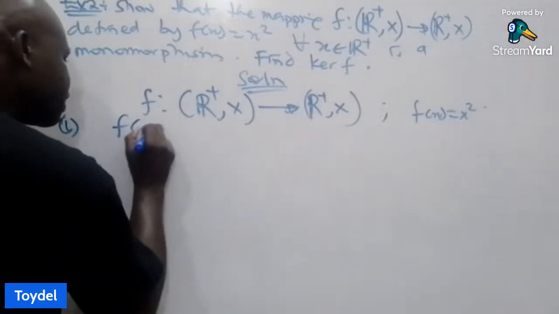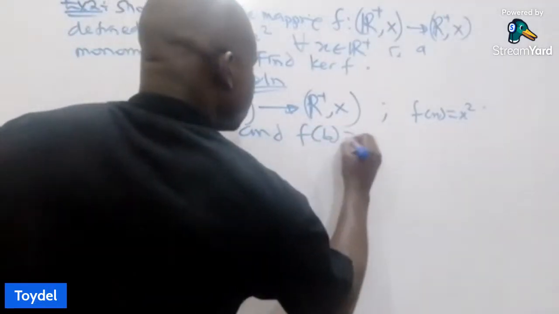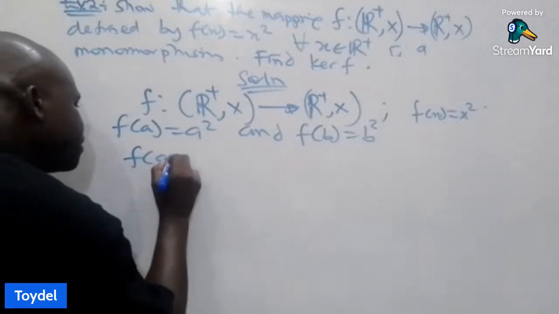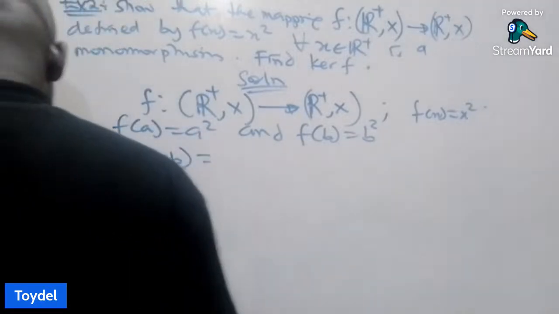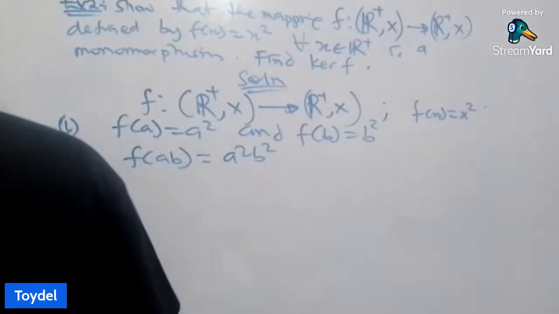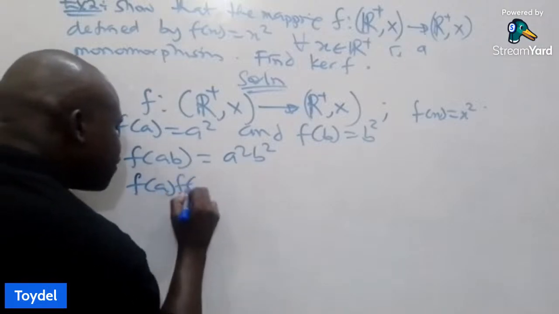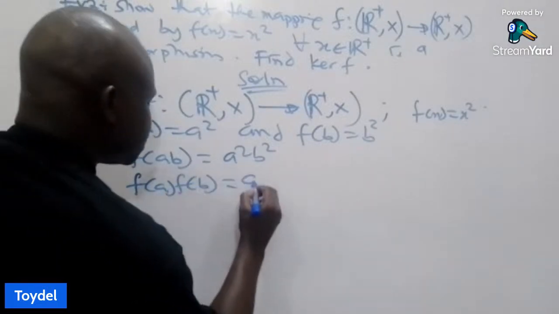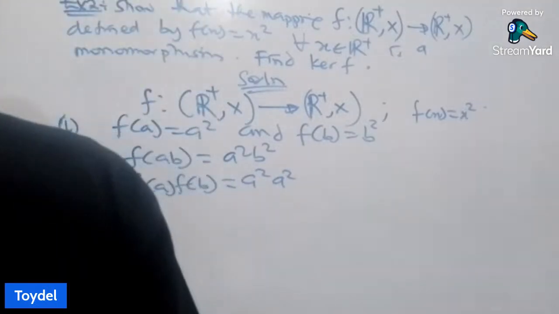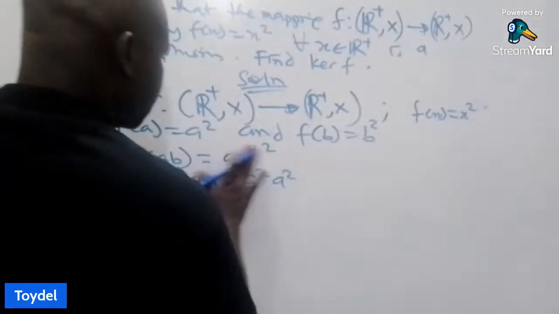So now let's show that it is a homomorphism. We know that f of a will be a squared, and f of b will be b squared. So f of ab will now be what? F of ab will be a squared b squared. Will it be the same thing as f of a multiplied by f of b? F of a is a squared, f of b is b squared.